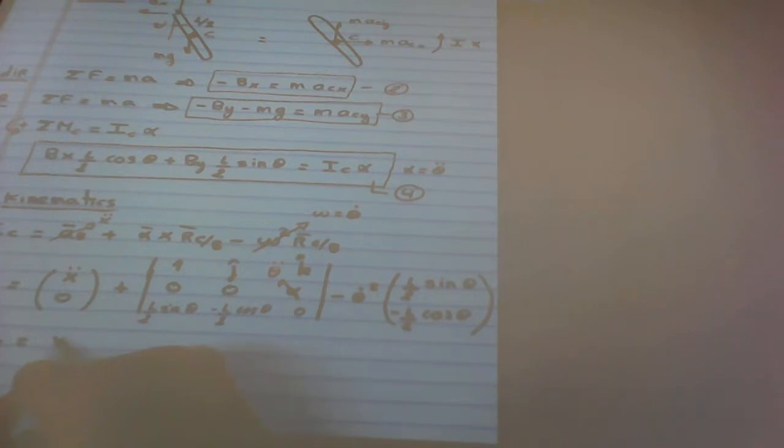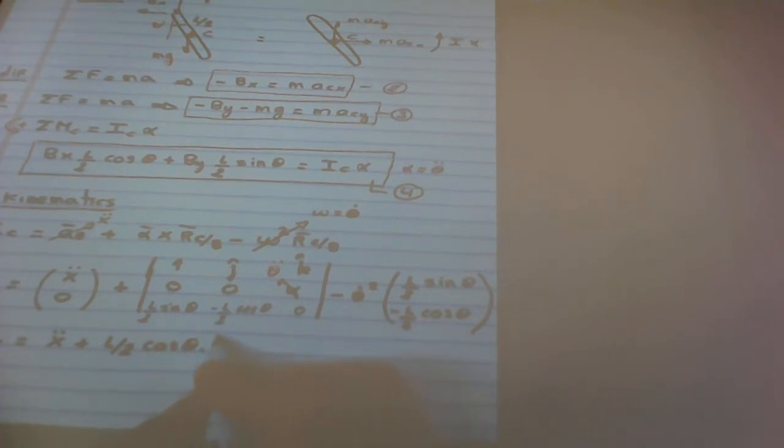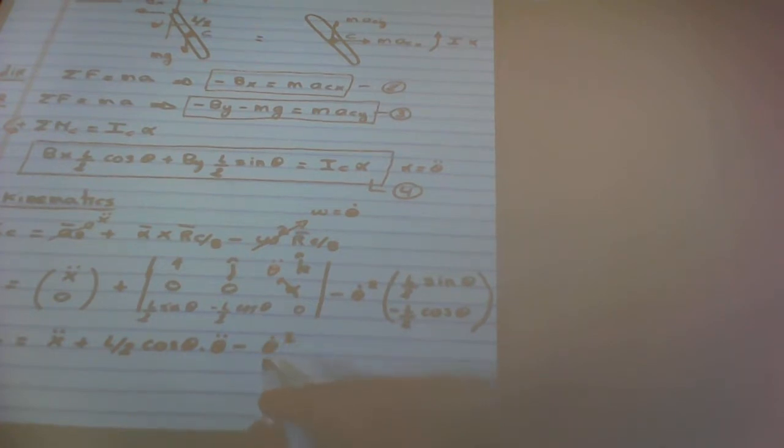X double dot plus L over 2 cosine theta double dot minus theta dot square L over 2 sine theta.